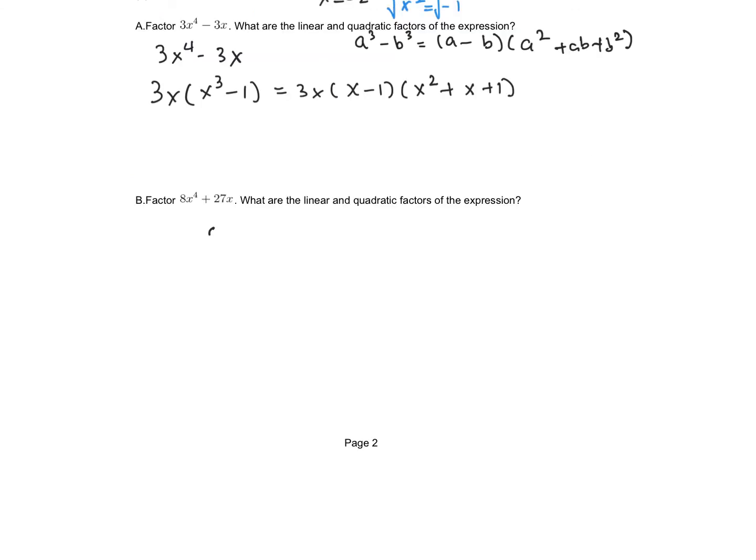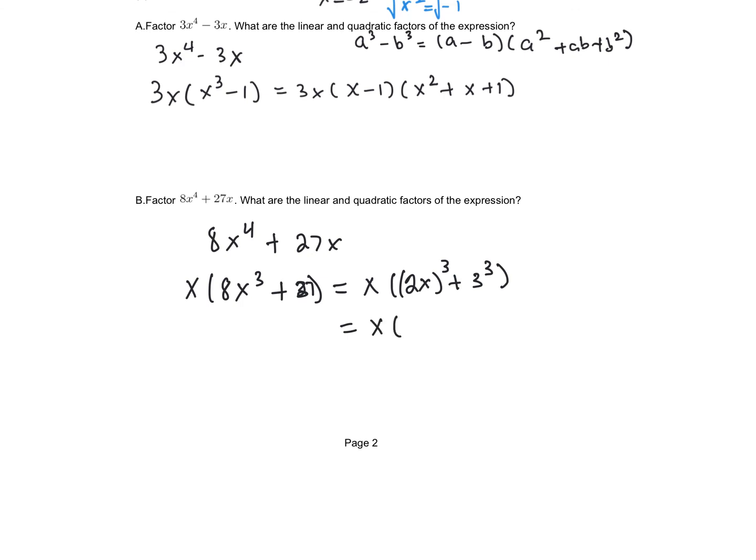The next one, we have 8x to the 4th plus 27x. They have an x in common, so you have x times 8x cubed plus 27. So this is a sum of cubes. So you have x, and there's going to be 2x to the third power plus 3 to the third power.